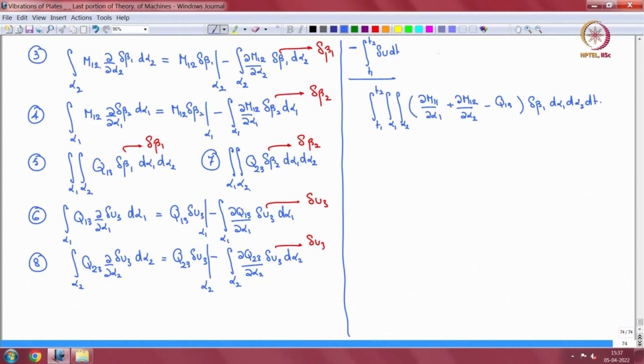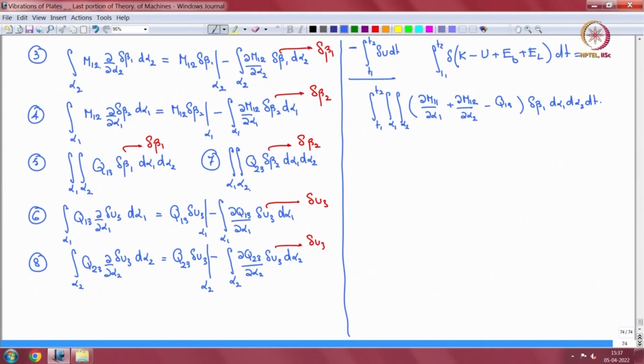Okay, so I am collecting terms now, T1 to T2 delta of k minus u plus eb plus el dt. We are collecting terms.